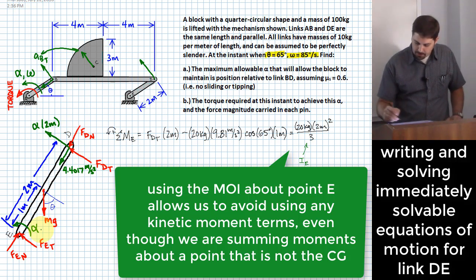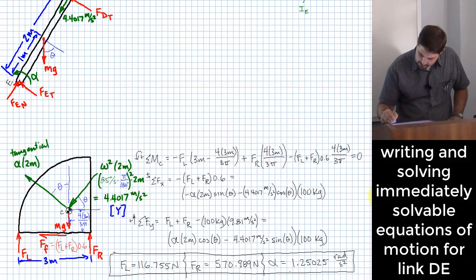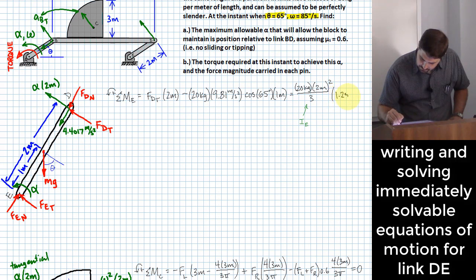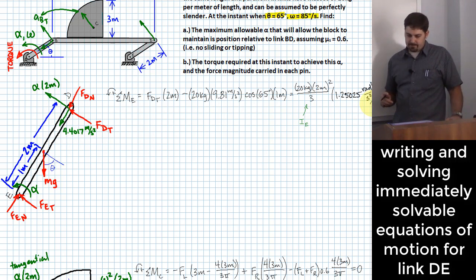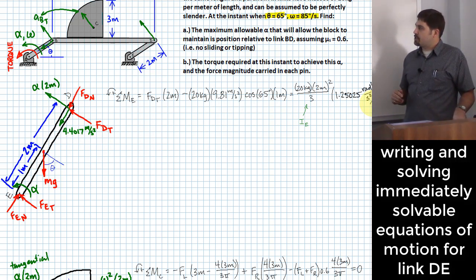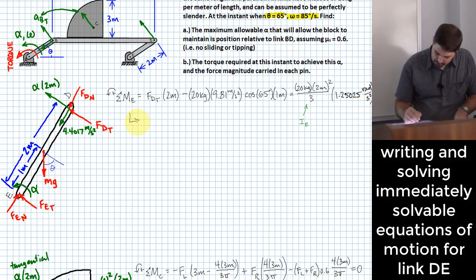So I just multiply it by alpha, which was 1.25025 radians per second squared. And you'll find that we have an equation in just one unknown, which is nice. That means we can solve for that one unknown.